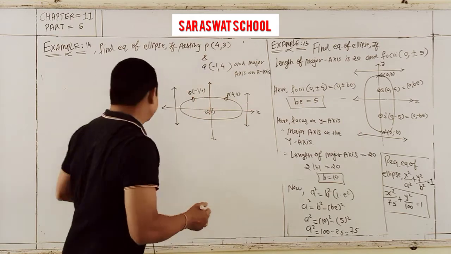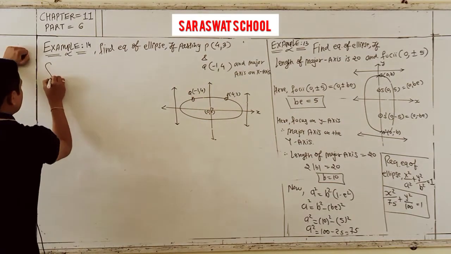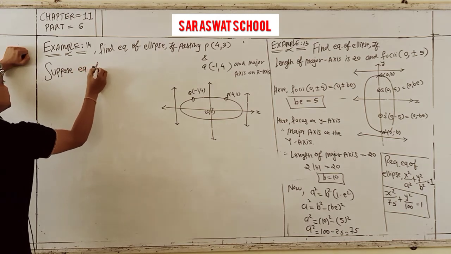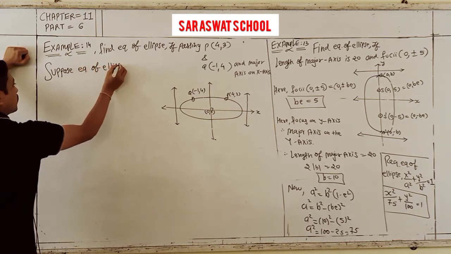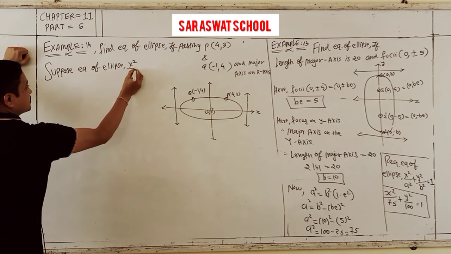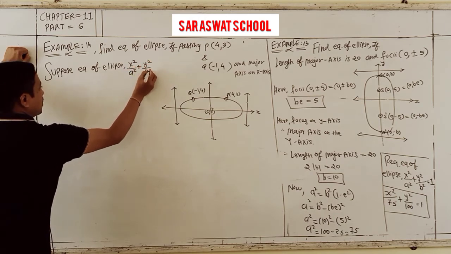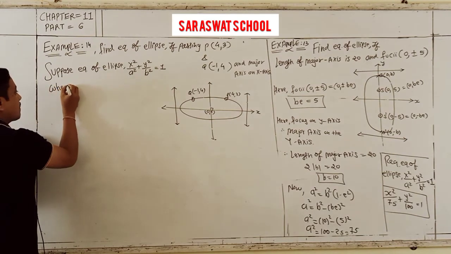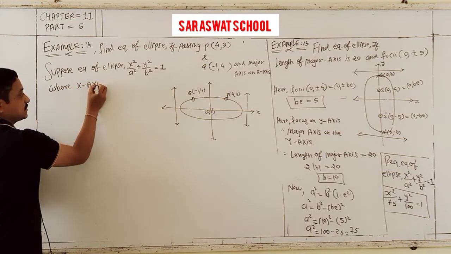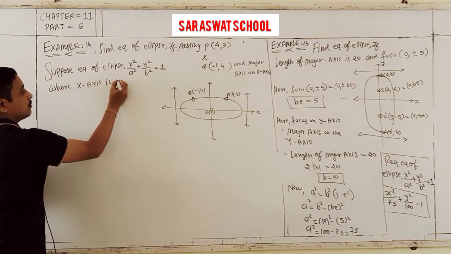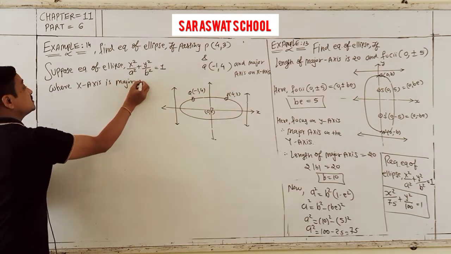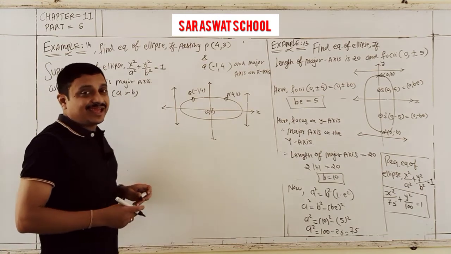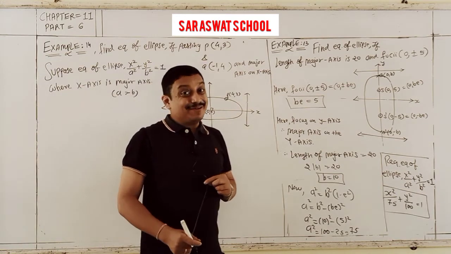Suppose the equation of the ellipse is x square by a square plus y square by b square equal to 1, where the x-axis is the major axis, meaning you can write a greater than b.